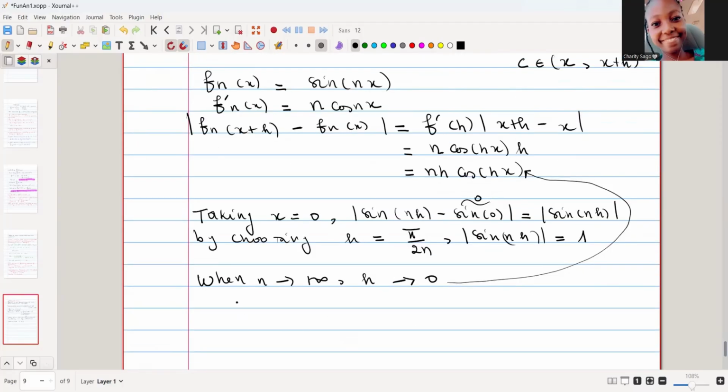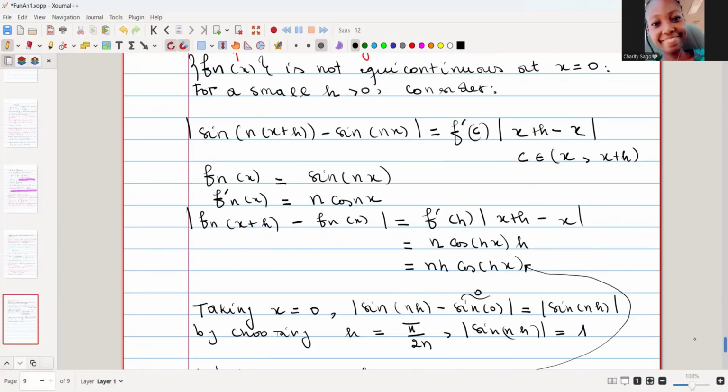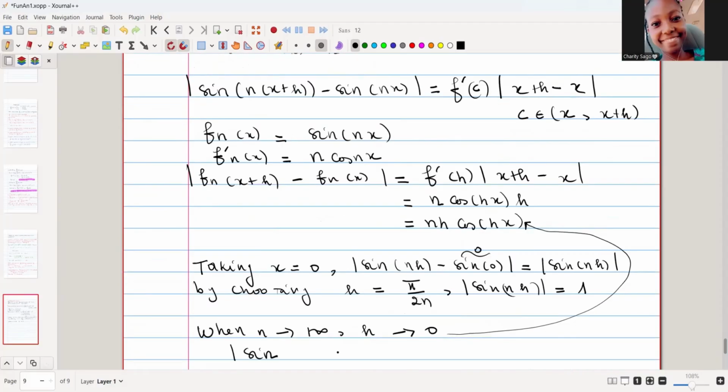We are going to have sine of nh equal to 0, which is different from 1. Then f_n of x is not equicontinuous.